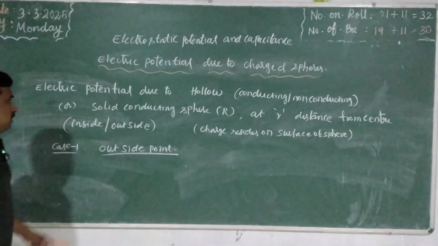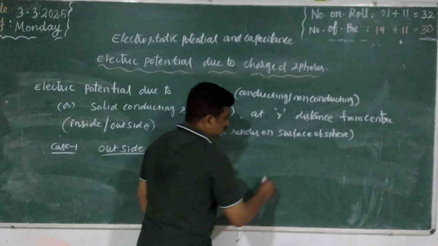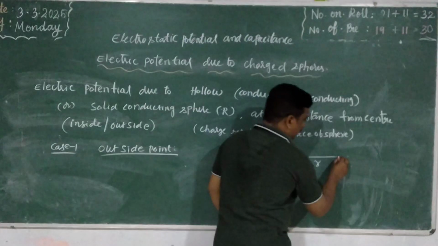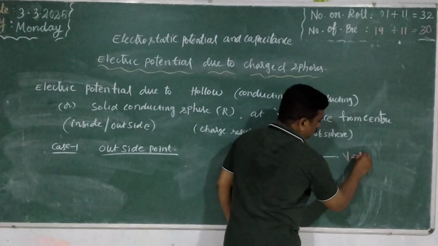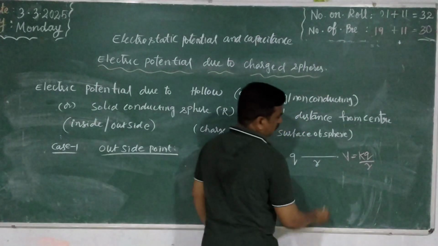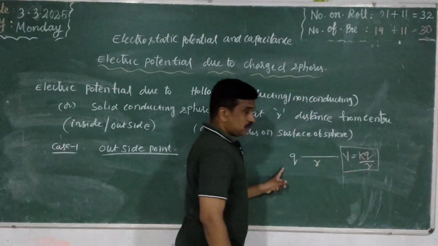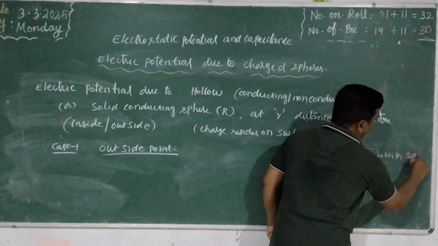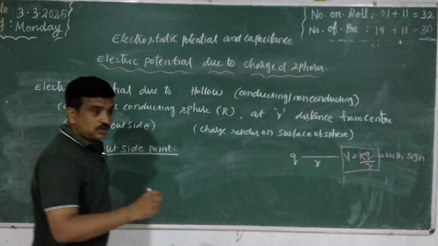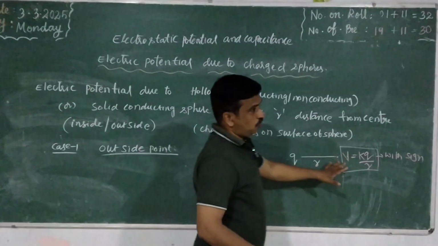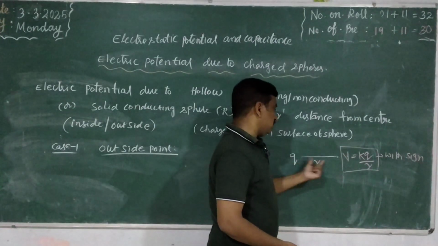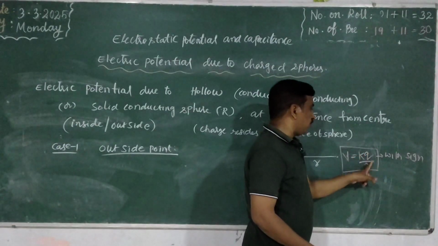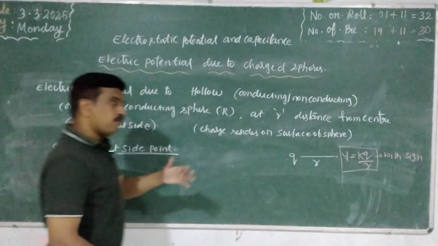Before we discuss, recall the electric potential due to a point charge at a distance: V equals KQ by r. Here the sign matters: positive for positive charge, negative for negative charge. So V equals KQ by r with sign, plus means plus, minus means minus.